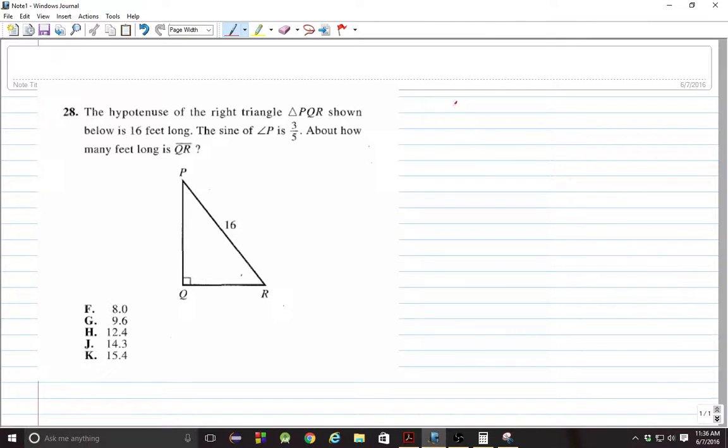Remember, sine equals the opposite side over the hypotenuse. In this case, 16 is the hypotenuse, and QR is the opposite side.